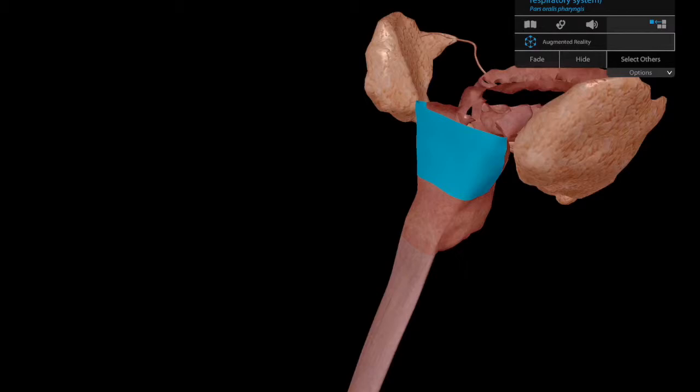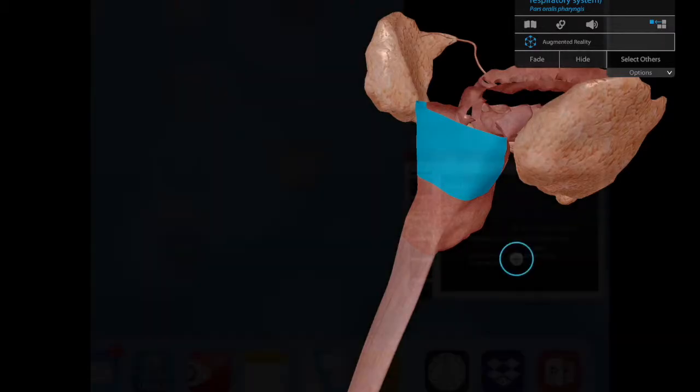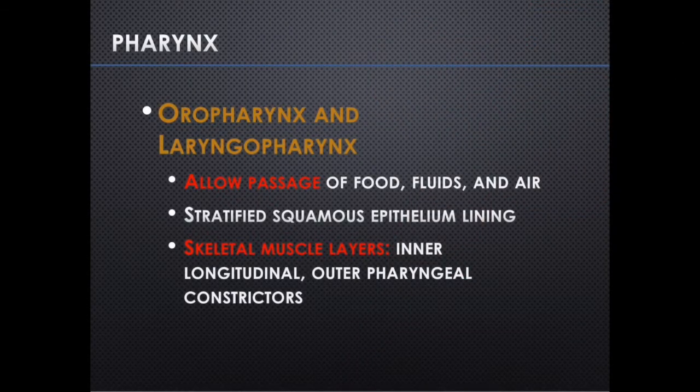This is my oropharynx. So oropharynx and the laryngopharynx on here, those are serving as a common pathway for food, fluid, and air. They will allow the passage of food, fluid, and air.